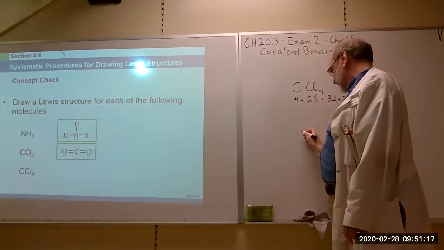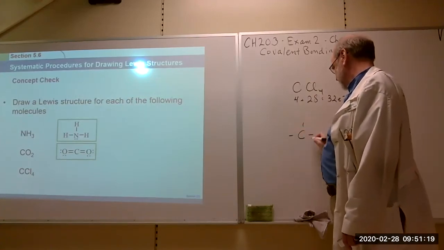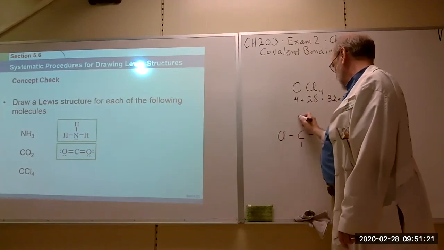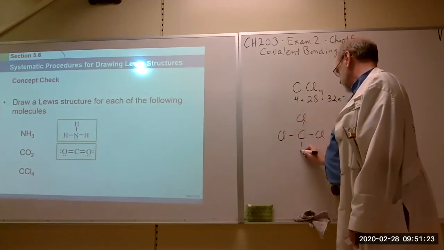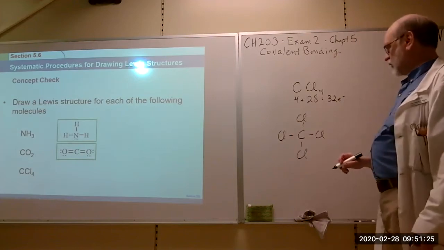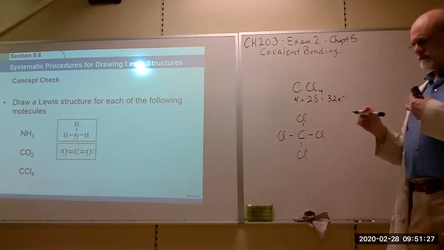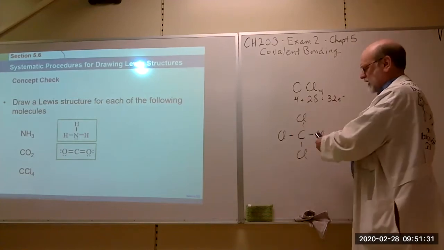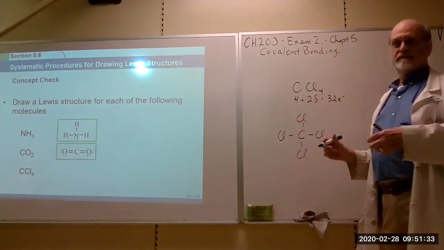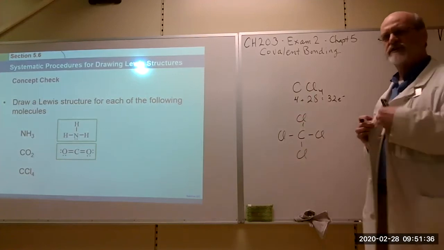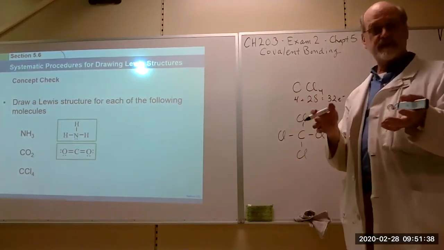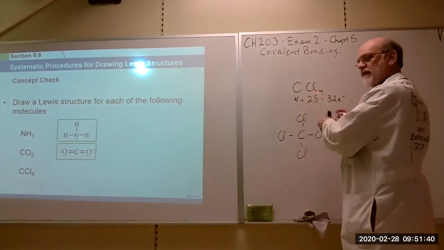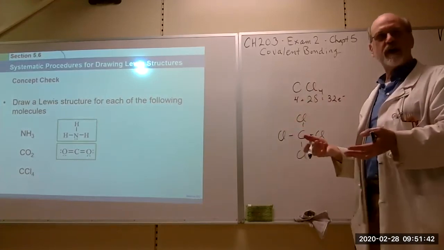Carbon's going to be in the middle, with chlorines around it. And when you're first drawing a Lewis structure, it's okay to arrange things on a flat screen, because we're not interested in geometry yet. You get the Lewis structure first, then you deal with the geometry.